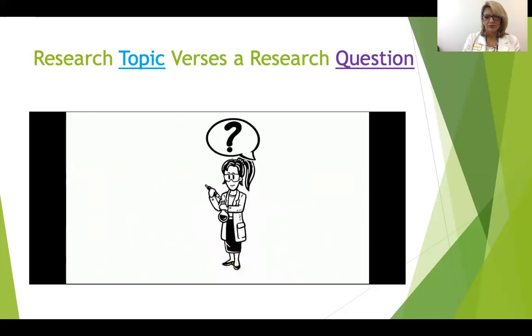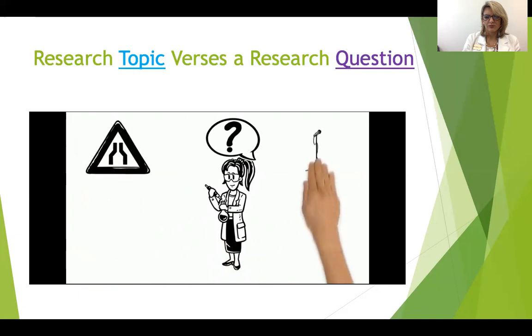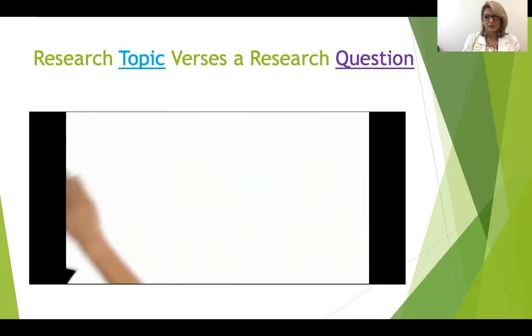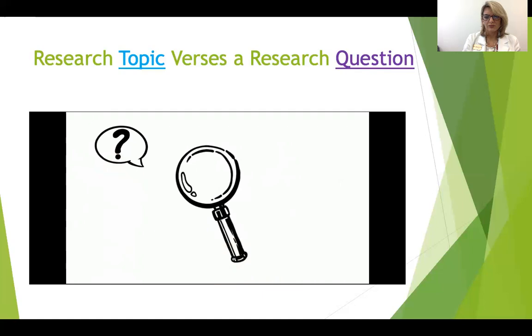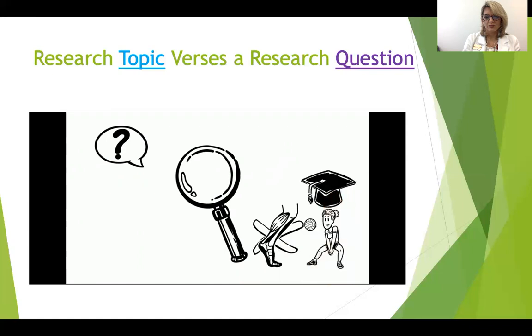A research question, on the other hand, is narrow, takes a position, is subjective, is an issue you can take sides on, and gives direction to research. A research question tackles a narrower scope. For example, how can I prevent lateral ankle sprains in female college volleyball players?